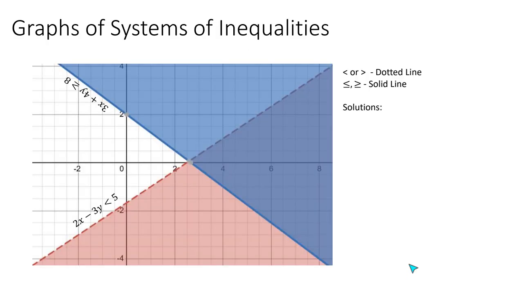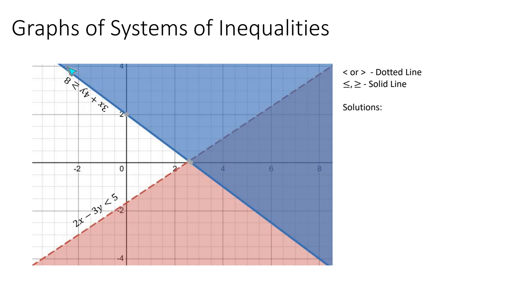Okay, so a graph of a system of inequalities might look like this. If you notice in this graph, this is the inequality for this line, but it has a dotted line. We're going to use a dotted line if the inequality is less than or greater than. If you look at the second inequality, which is in blue here, notice that it is a greater than or equal to sign.